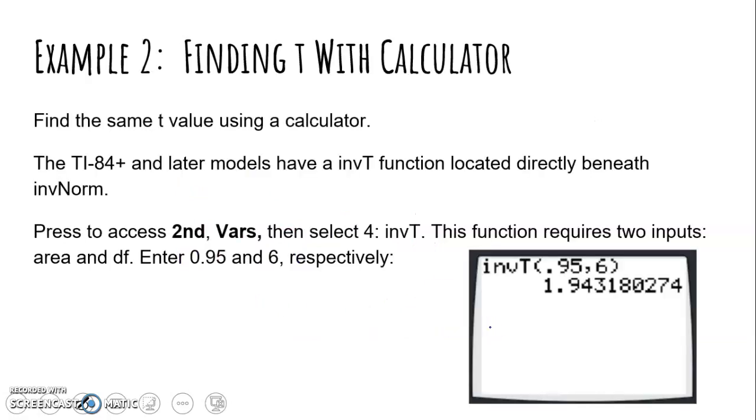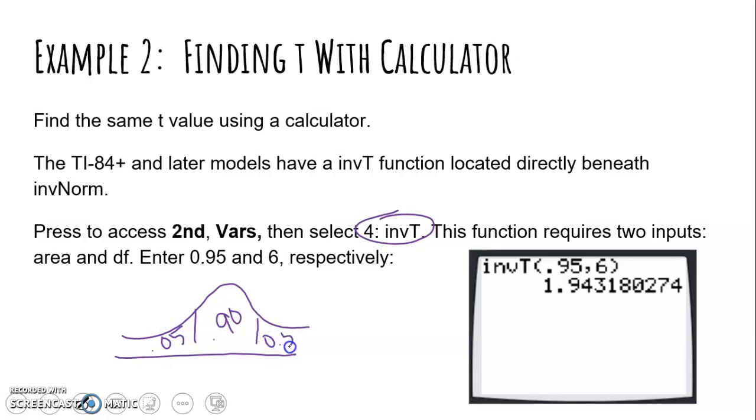Now, if you have this version in the calculator, it's called invT. You get there by going to second vars and choosing number 4, invT. It requires 2 inputs, the area and the degree of freedom. So if you were going to do this, if 90% is in the middle, that leaves 10% on either side, so 5% here and 5% here.